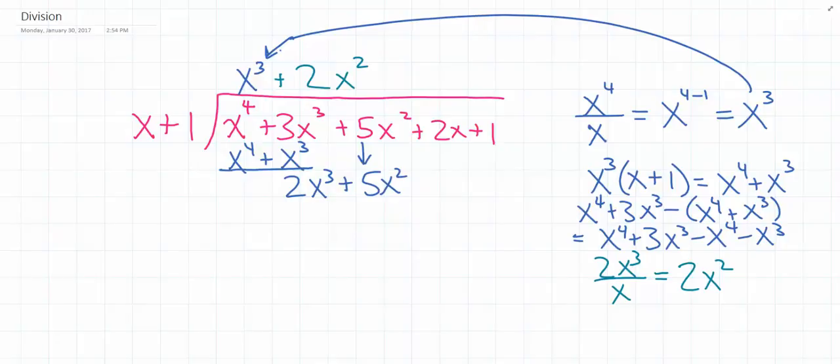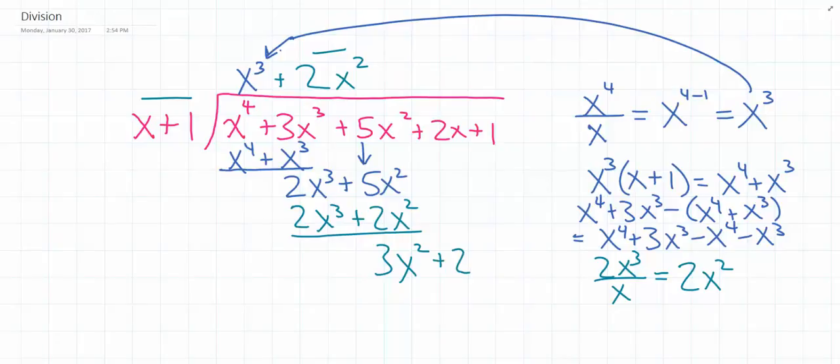Then you multiply. So now I'm going to multiply this by this, and I get 2x cubed plus 2x squared. Now I subtract, and I get 3x squared. And I bring down the 2x.